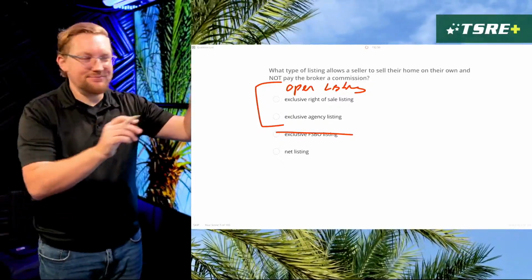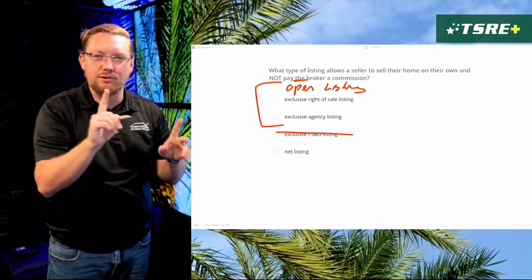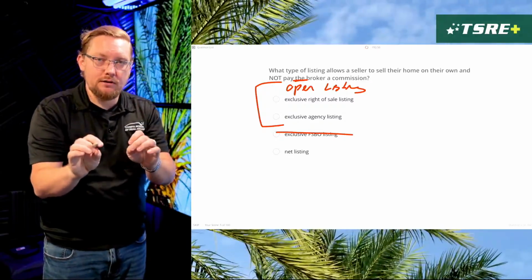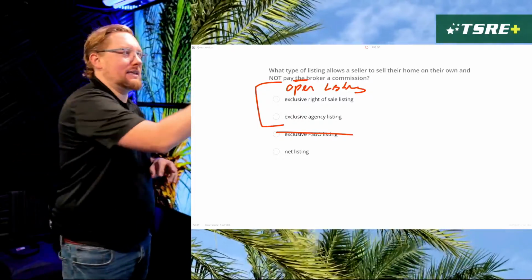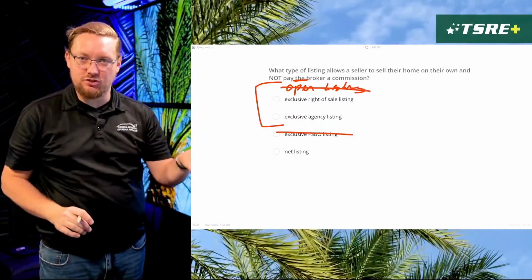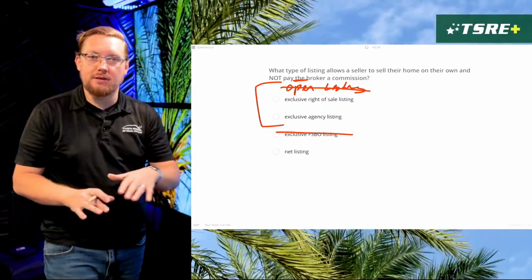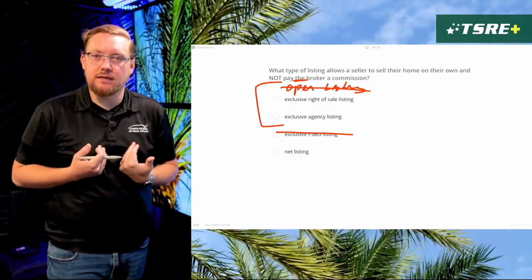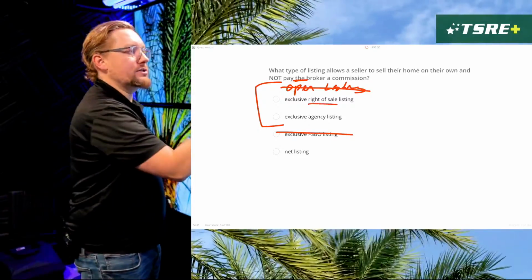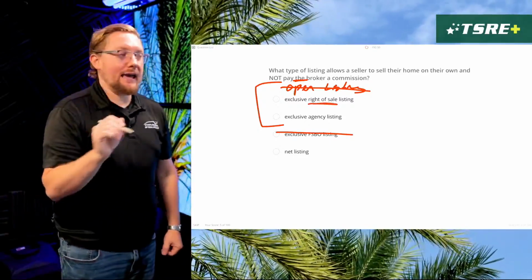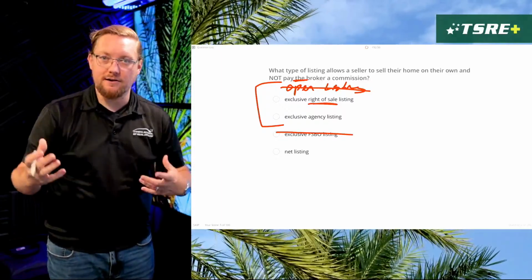The key thing that might make it just one broker is that it says "the broker," versus "a broker," but your exam wouldn't be that nitpicky, and that's why open listing isn't an answer choice here. Open listing means multiple brokers, but if you sell it on your own, there's no commission due.